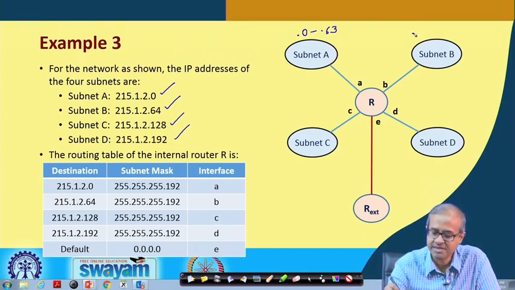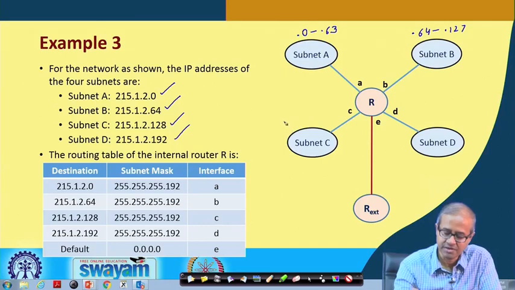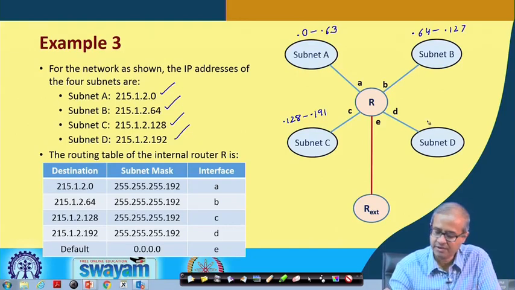B similarly starts with 64 and continues till 127. The third one starts with 128 and continues till 191, and the fourth one starts with 192 and goes till 255.